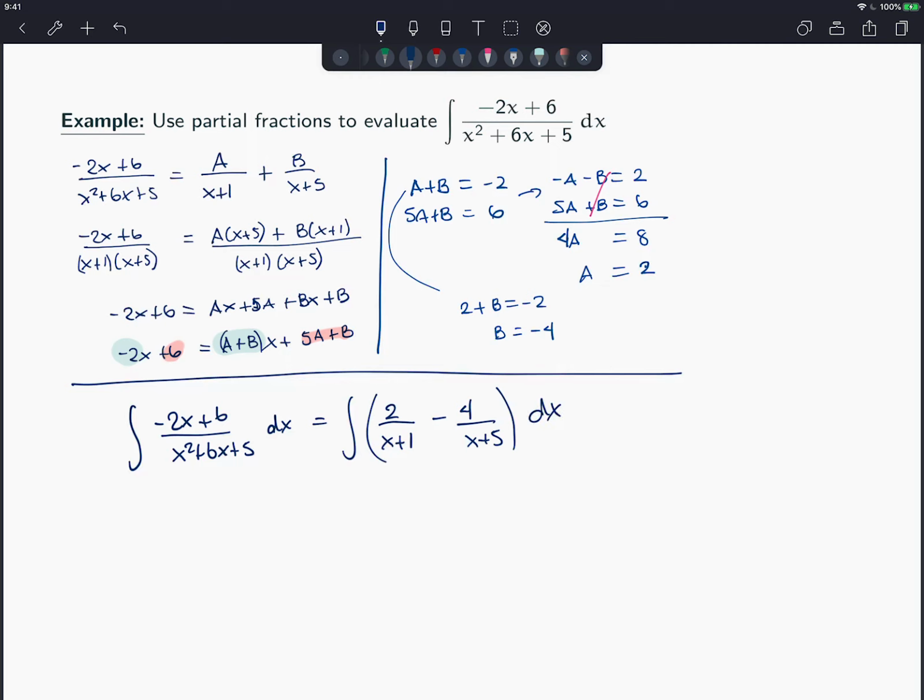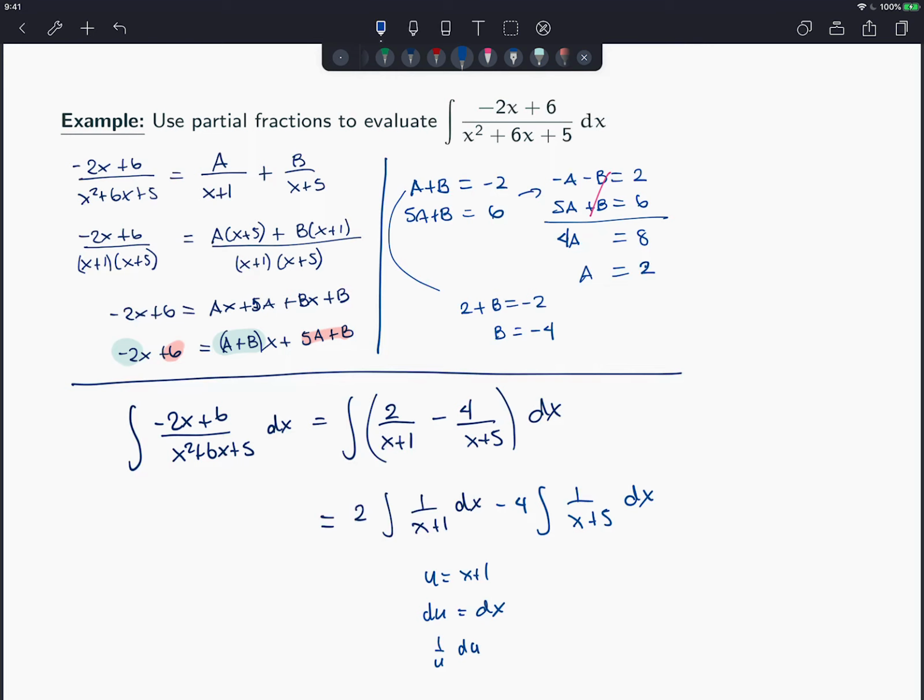And I skipped a step last time, so this time I'll write it like this: you're splitting this up into 2 times the integral of 1 over x plus 1, and I'm going to put a negative 4 times the integral of 1 over x plus 5. In each one of these, I'm doing a u substitution, where u is x plus 1, so du is dx, and you have 1 over u du.